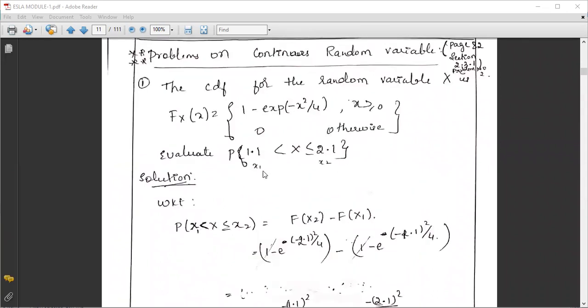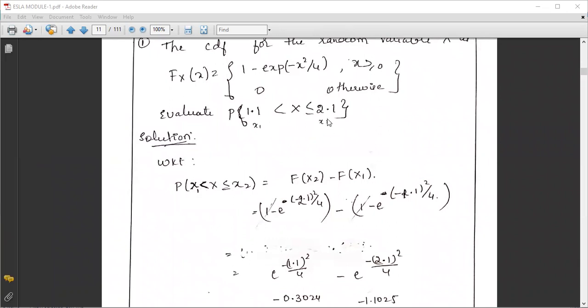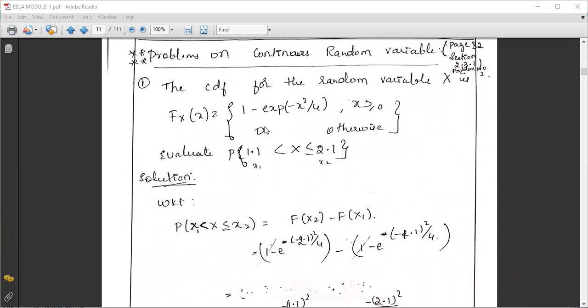What is F of x2? Here, in place of x we have x2. In this problem x2 is 2.1. Substituting 2.1 in place of x, we get 1 minus e power minus 2.1 whole square by 4, because F of x is 1 minus exponential of minus x square by 4.